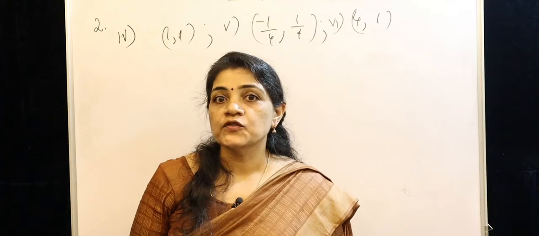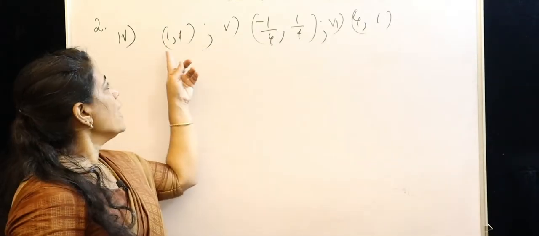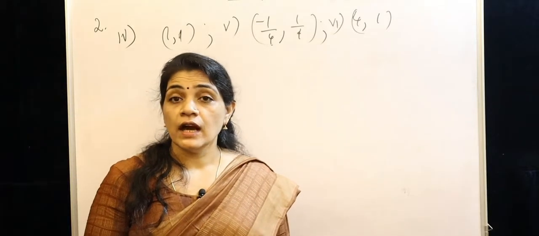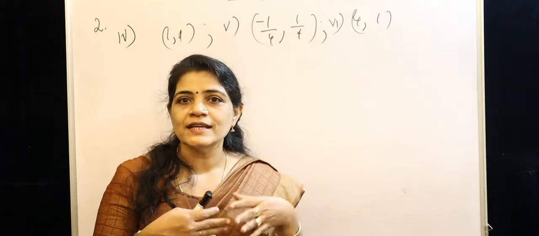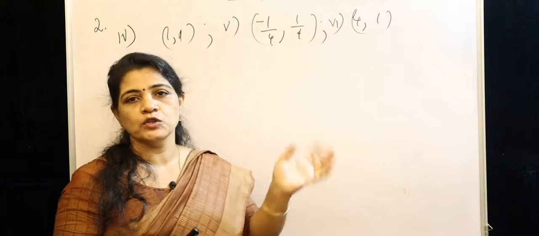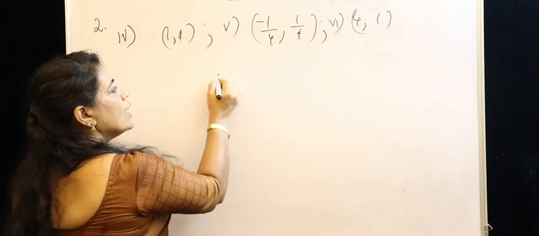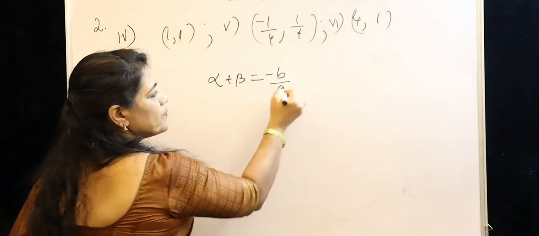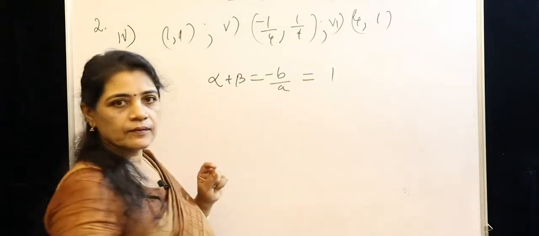Now we are solving the fourth question. Here we have given the sum of the zeros as 1 and the product also 1. We have to find the quadratic polynomial whose sum of zeros is 1 and the product is alpha beta equal to 1. Alpha plus beta is equal to minus b by a, and this minus b by a is given as 1.